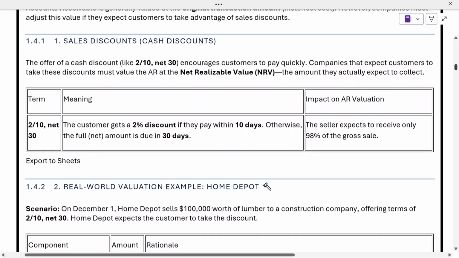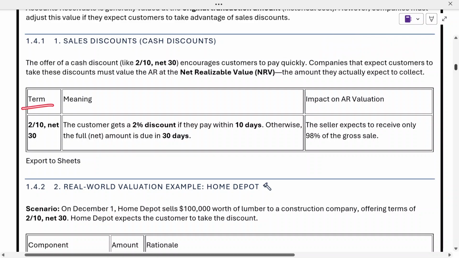If the company has sold goods for $100 and knows that people will take the 2% discount, the company knows it will receive only $98. So there is no meaning in recording your AR at $100. Instead, it should be recorded at $98, because they know that $2 will be taken as a discount.